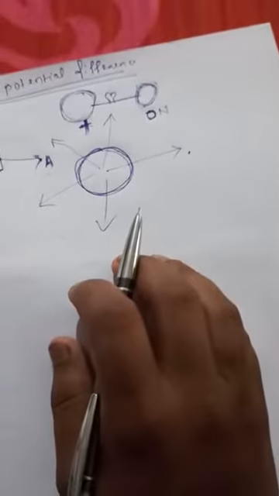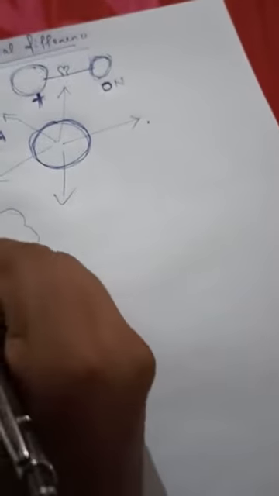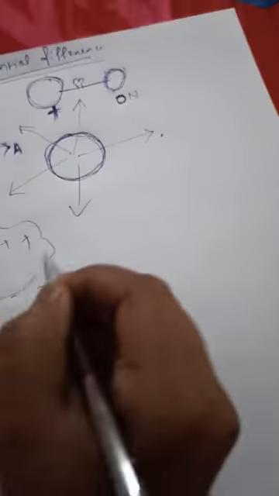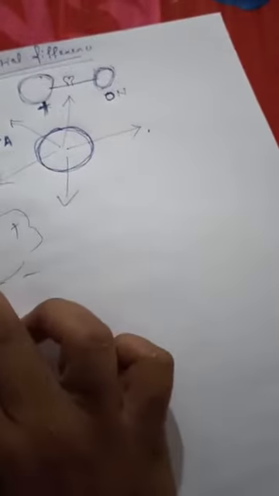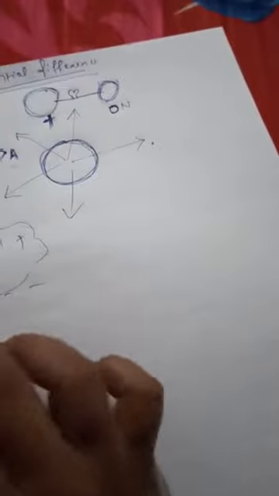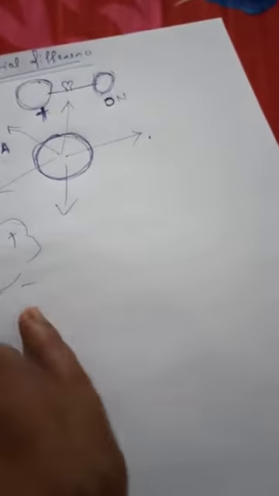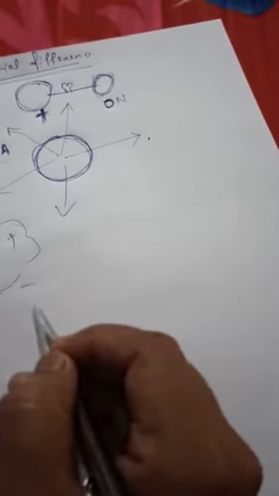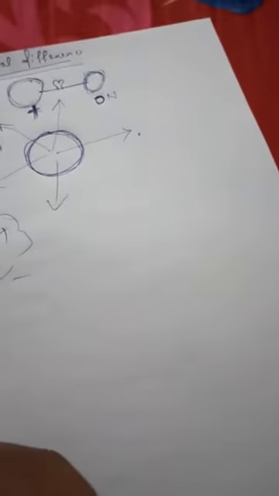Similarly, another example is lightning. In the case of lightning, there is the negative end, all the negative charges, which in class 8 you have studied, so I don't want to explain it more, just recall it. There is a large amount of negative charge, and here is the earth.